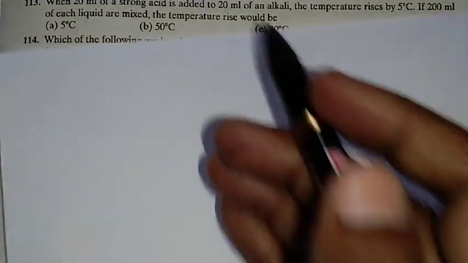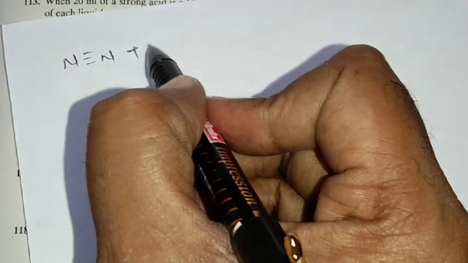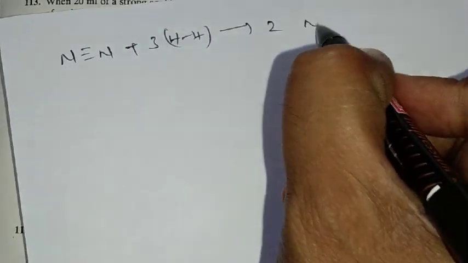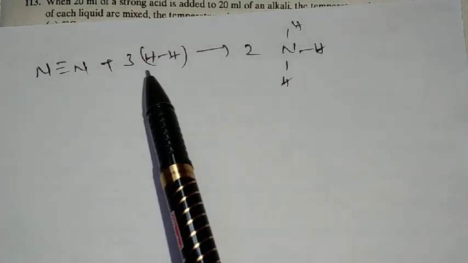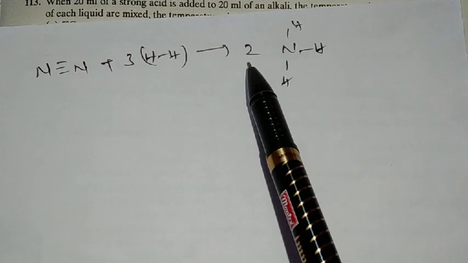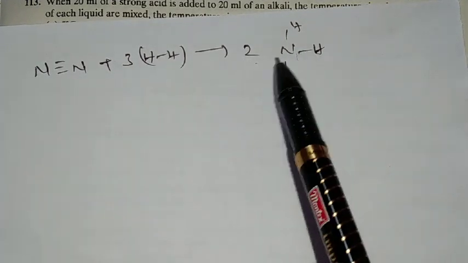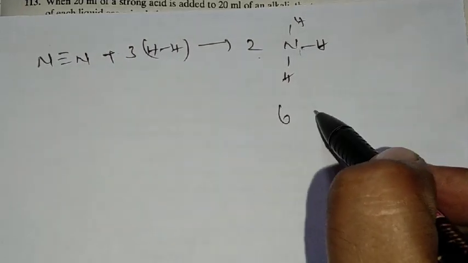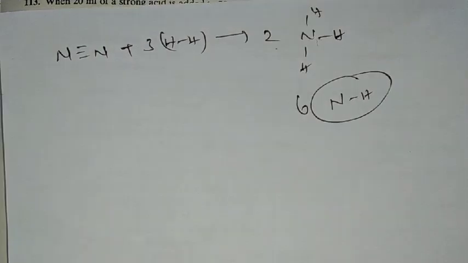So again here, if you take the original bond formations, N2 plus 3H2 gives 2NH3. See there, here one N triple bond N is there, and 3 H-H bonds, and in 1 NH3, 3 N-H bonds. That means 2 more, that means 6 N-H bonds, 3 H-H bonds, 1 N triple bond N.